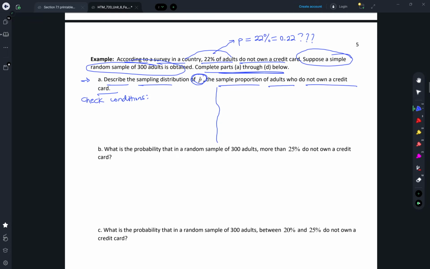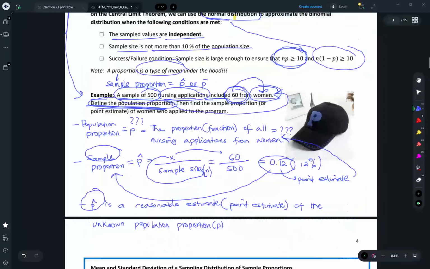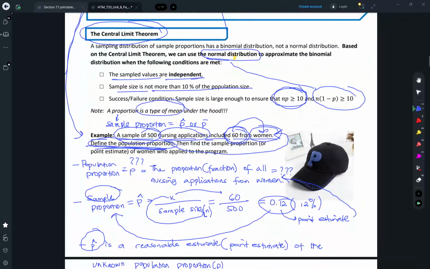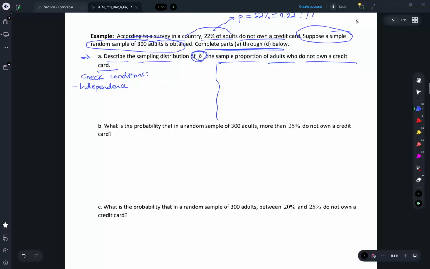To check conditions, we like the condition of independence, and that pertains to what we learned earlier. We like the sample values to be independent. We like the sample size to be no more than 10% of the population size if we have the population size available. And then we like our success-failure condition, which we will illustrate here.